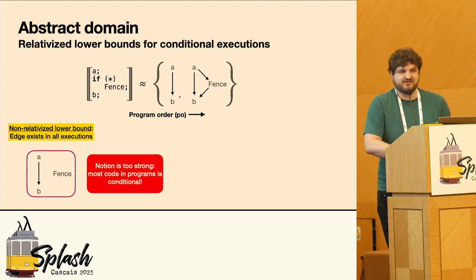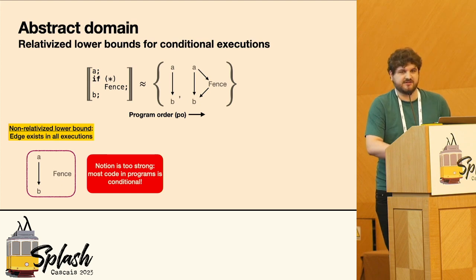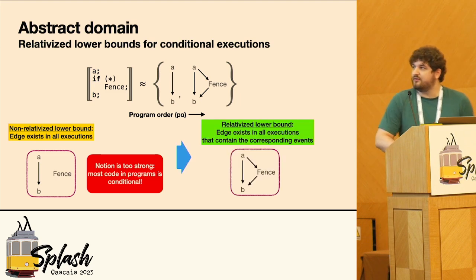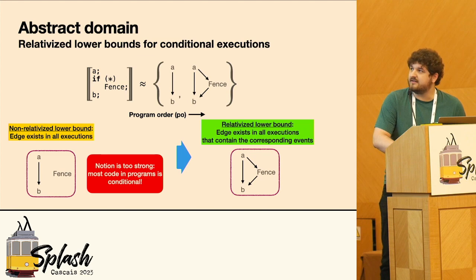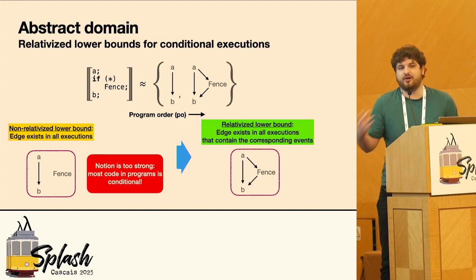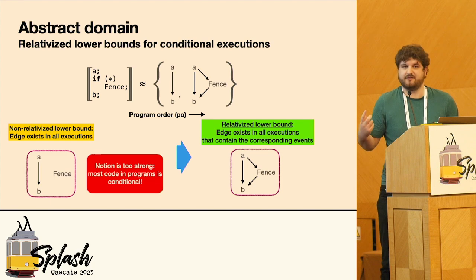But this notion is too strong because most code and programs are conditional. You will never find too many edges that are really common among all program executions, because they simply execute different code. So what we did is we relativized this notion of lower bound to say that an edge in the lower bound means this edge is always there, given that the events are executed in the first place.